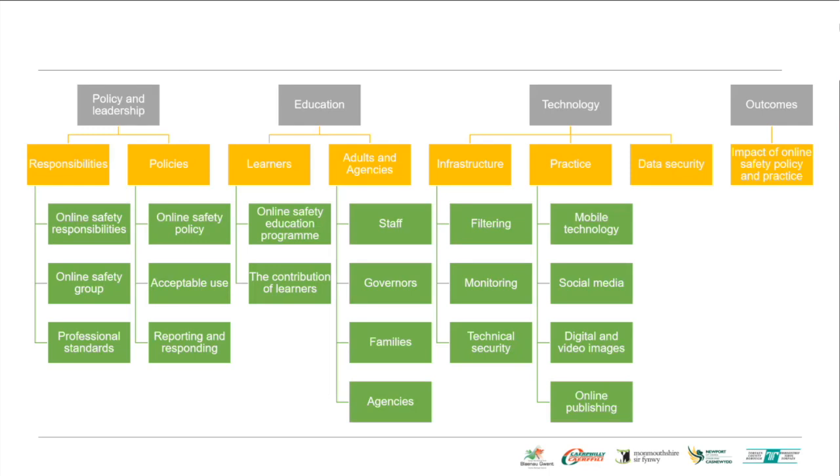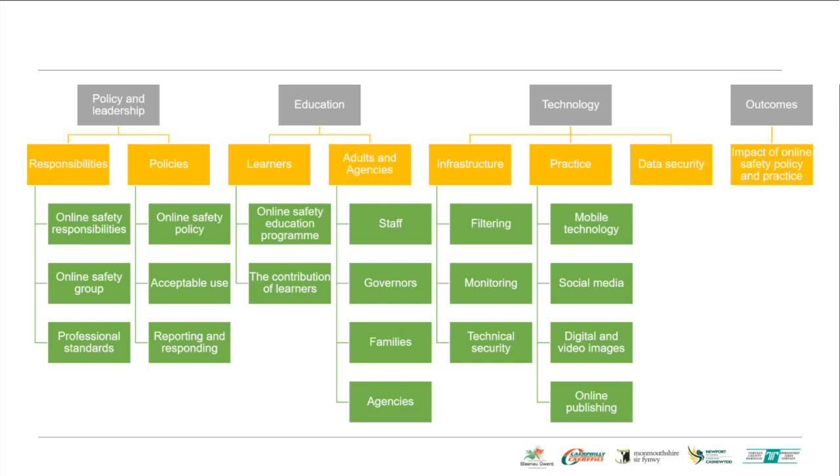Once you've done that, you'll be able to complete an online audit that covers the elements you can see on the screen. So there are 4 elements as part of the safety review, and they are the highest level in the structure, and they define the 4 main categories in which your review is carried out. You can see there in the grey boxes, the review will cover policy and leadership, education, technology, and then outcomes.